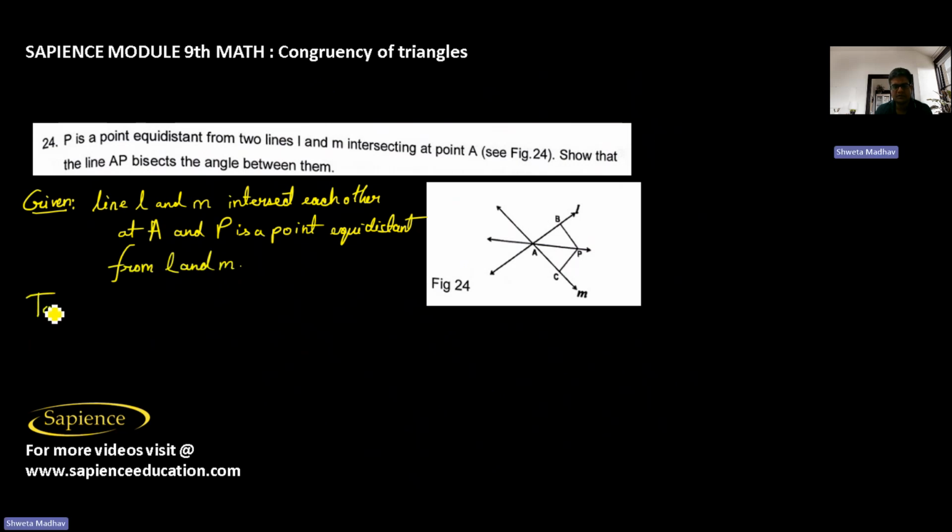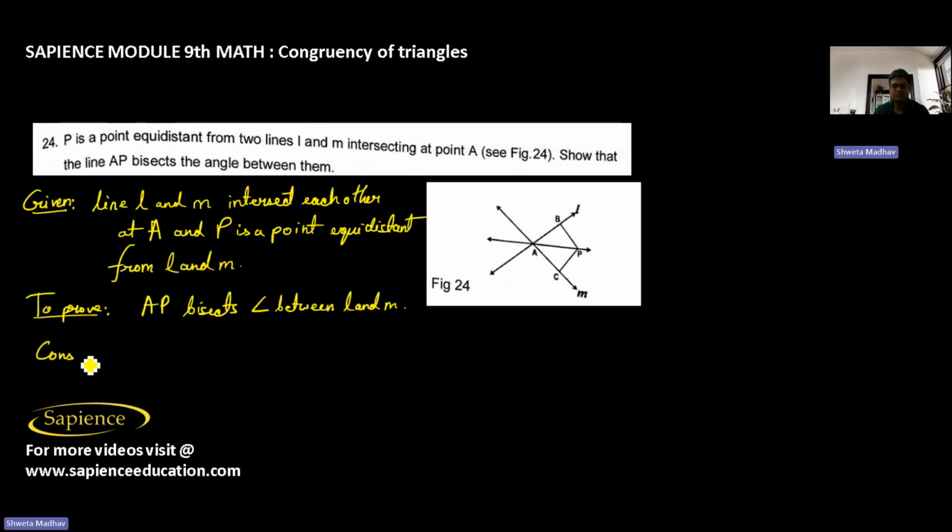And we have to prove that AP bisects the angle between L and M. That we have to prove.